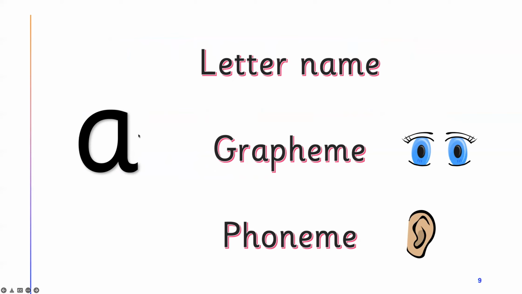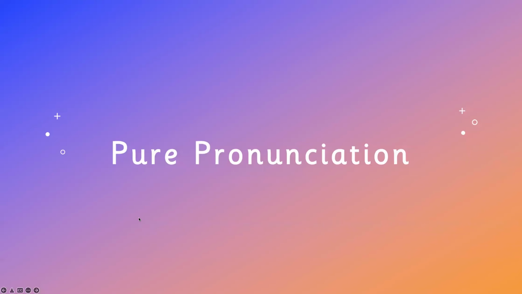The letter name is A, regardless of whether it's a capital letter or lowercase, it's called an A. Now that grapheme links to different phonemes, and depending on the word it's in or depending on the partnering it has, it can be pronounced in different ways. So the phonemes that we hear can be represented in lots and lots of different ways, and it's really important we understand that.